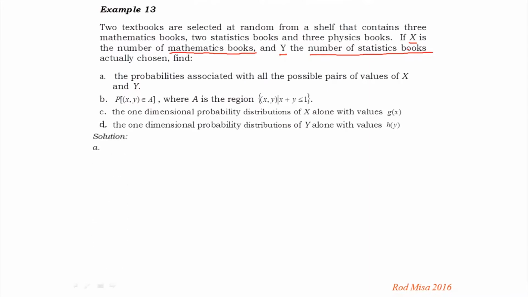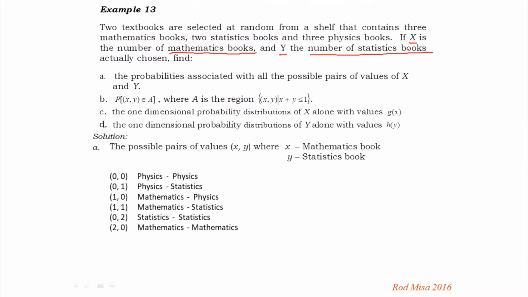And solving for the probabilities associated with all possible pairs, we have this possible pair of values of x and y as 0, 0 when you have all physics books for the two books selected here. So no mathematics book, no statistics book. That's why the value of our random variable is 0 for mathematics, 0 for statistics.